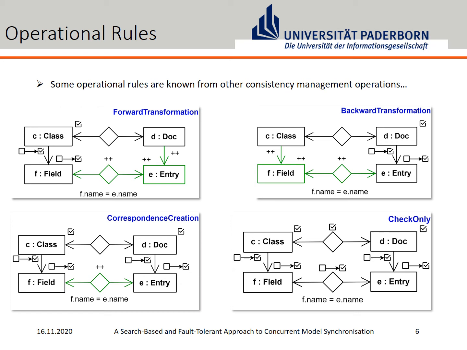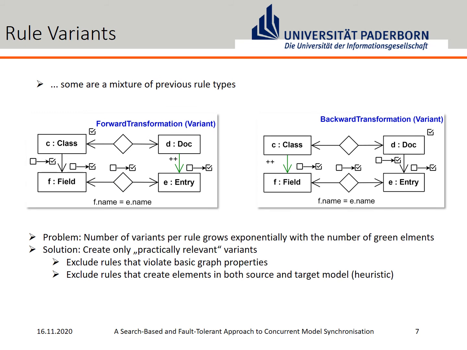The correspondence creation operation marks elements both on source and target sides and only creates the correspondence links. Last but not least, the check-only operation does not create any new elements, but marks, in this case, both field, entry and the correspondence link. These standard operations turned out to be insufficient, for example when parameters are moved between methods.